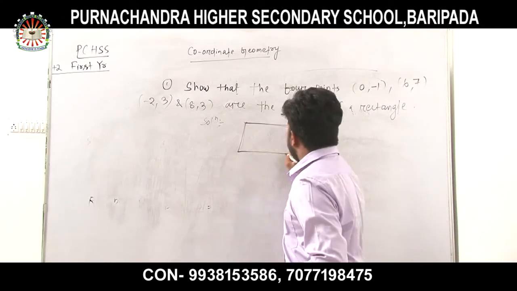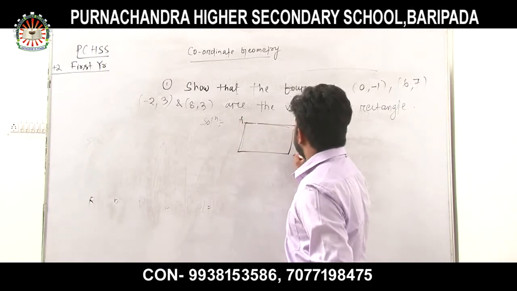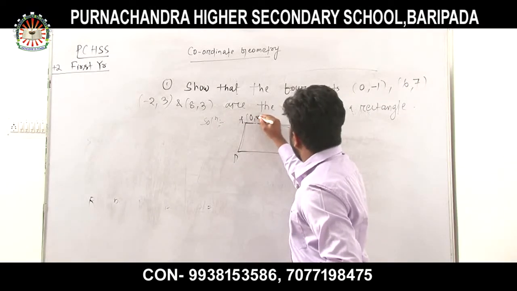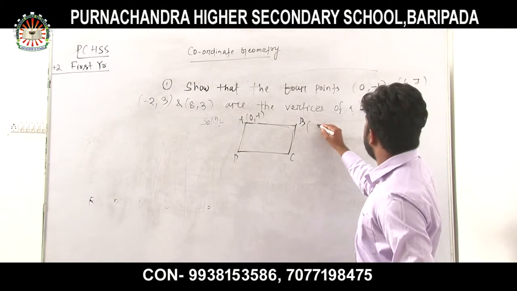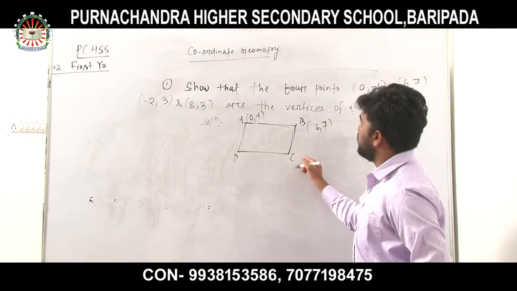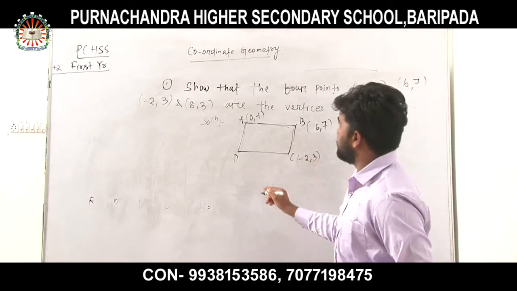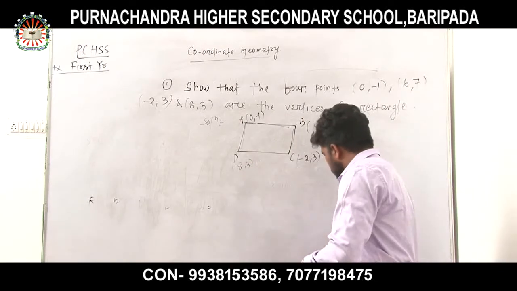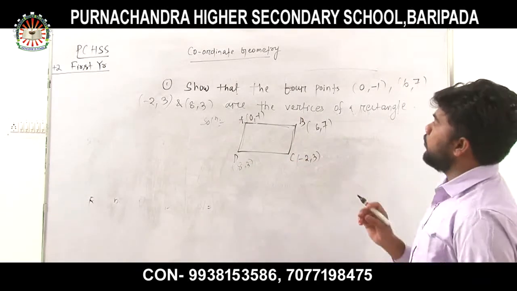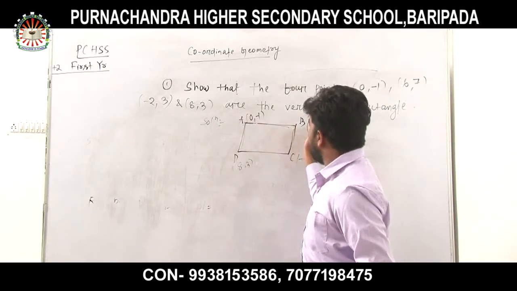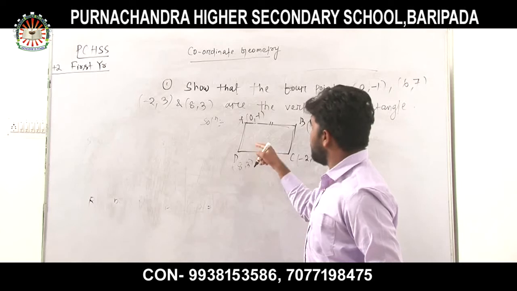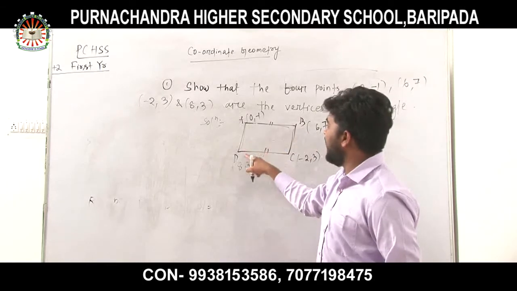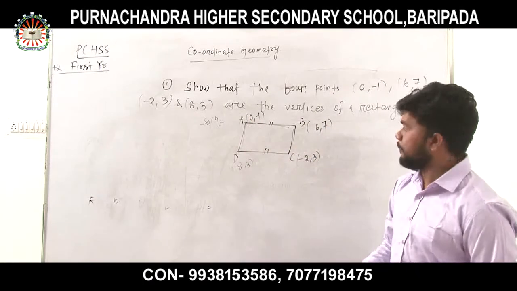This is our rectangle ABCD. The coordinates of A are (0, -1), B is (6, 7), C is (-2, 3) and D is (8, 3). Now we calculate the length of AB equal to DC. If ABCD is a rectangle, then AB equals DC and BC equals AD. Also the diagonals are the same. Okay.